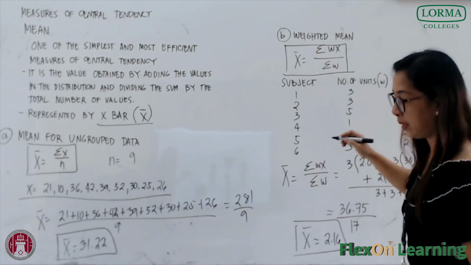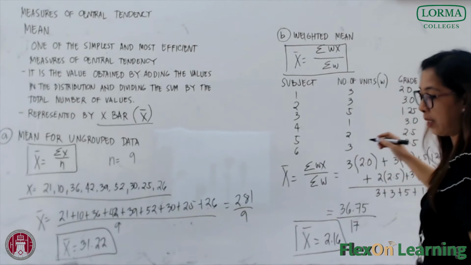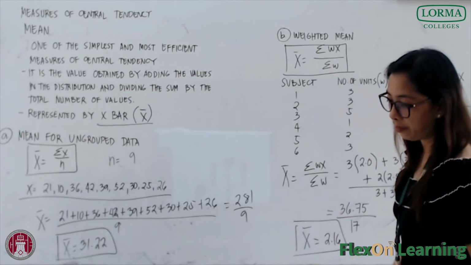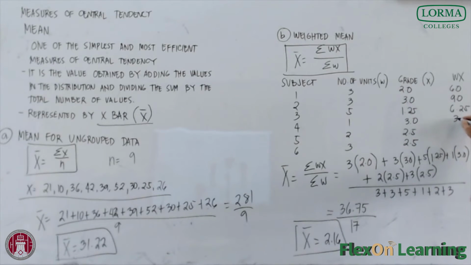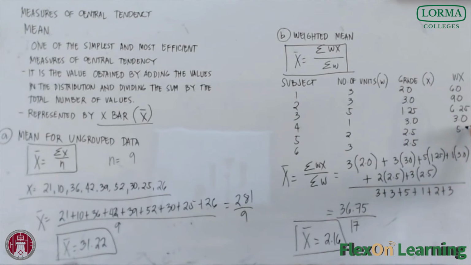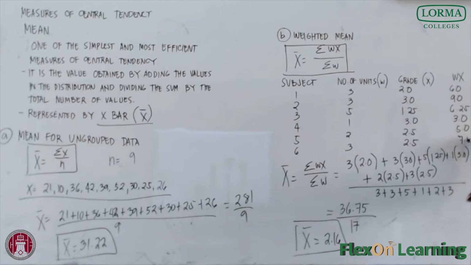Another is 9.0, then 6.25, another is 3.0, then 5.0, and then 7.5. Then get the summation of your WX.